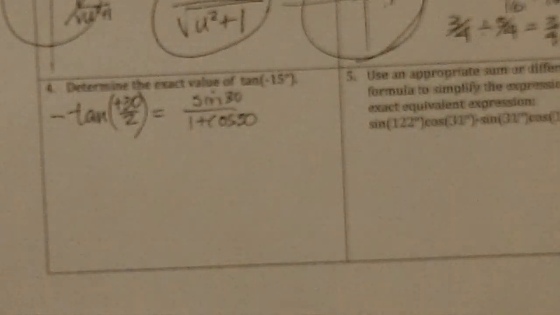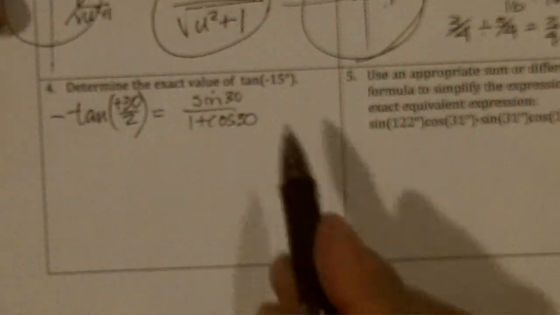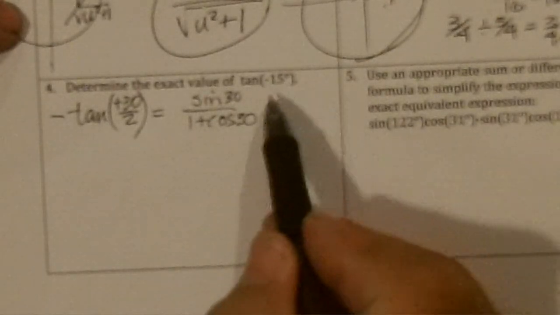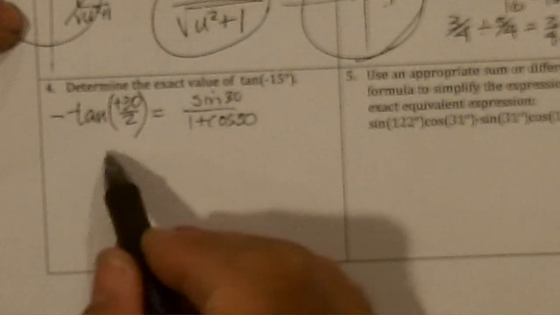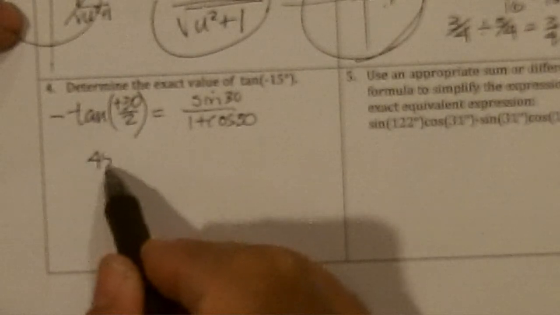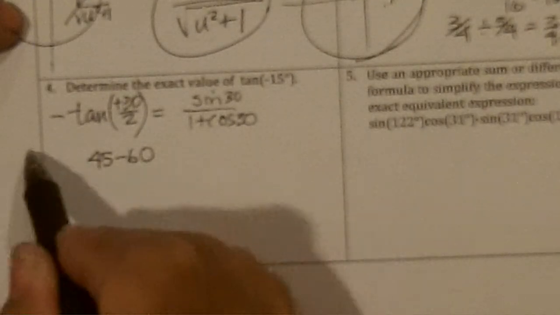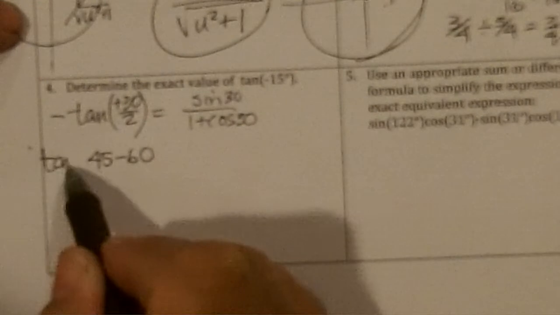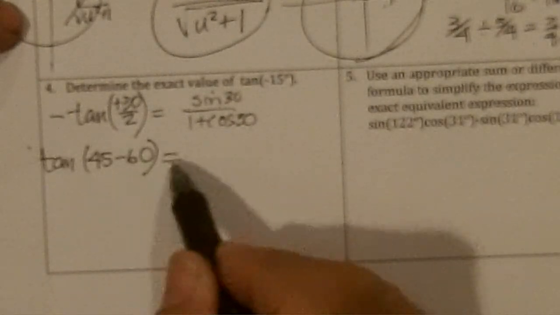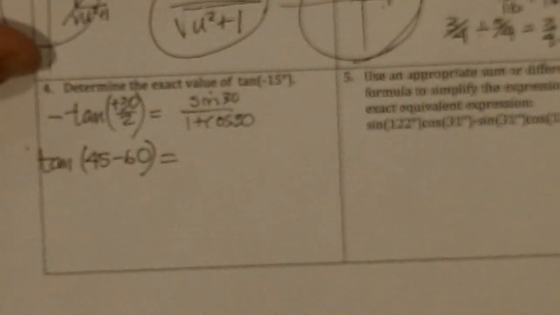I think that's what it is, but I can also use the tangent formula. I can say minus 15 is 45 minus 60, and use the difference formula.